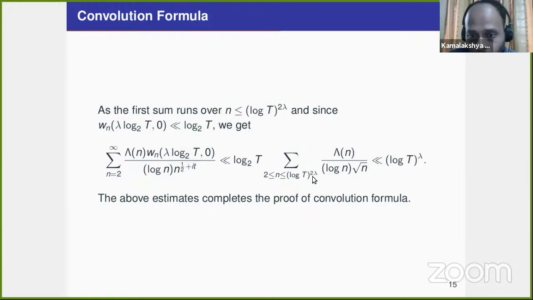For other prime powers, this sum has a very small contribution, so the primes are the dominant part. If we sum 1 by square root of p, we get this log t power lambda over here. So using the prime number theorem, we can get this value.